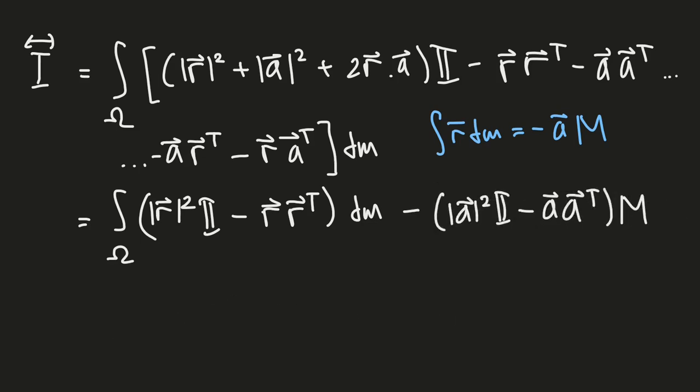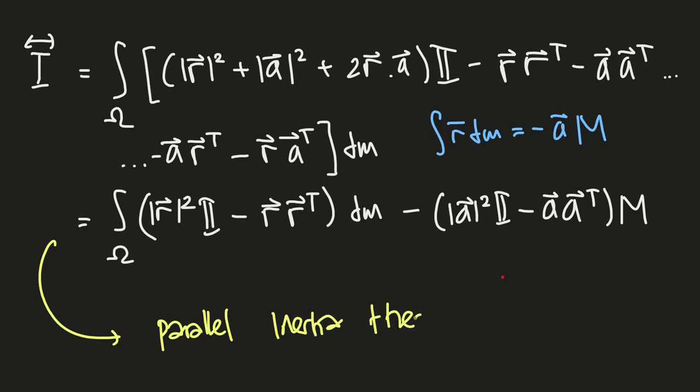Now the first term is the original moment of inertia used in our system, but the second term is the additional moment of inertia after shifting the rotational axis from the central mass by a vector. This result is commonly known as the parallel axis theorem.